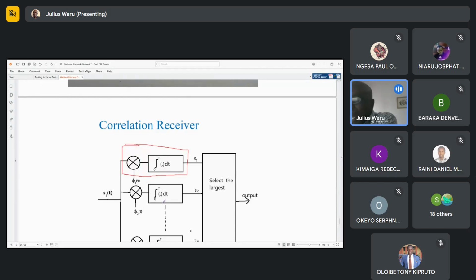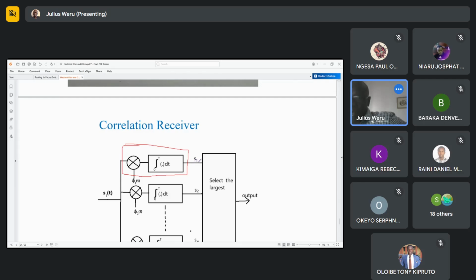It's only when you multiply with the signal that generated it, the product of that signal with that particular orthogonal basis, if this orthogonal basis is the same as the orthogonal basis in that particular component, then it's going to give you some output.